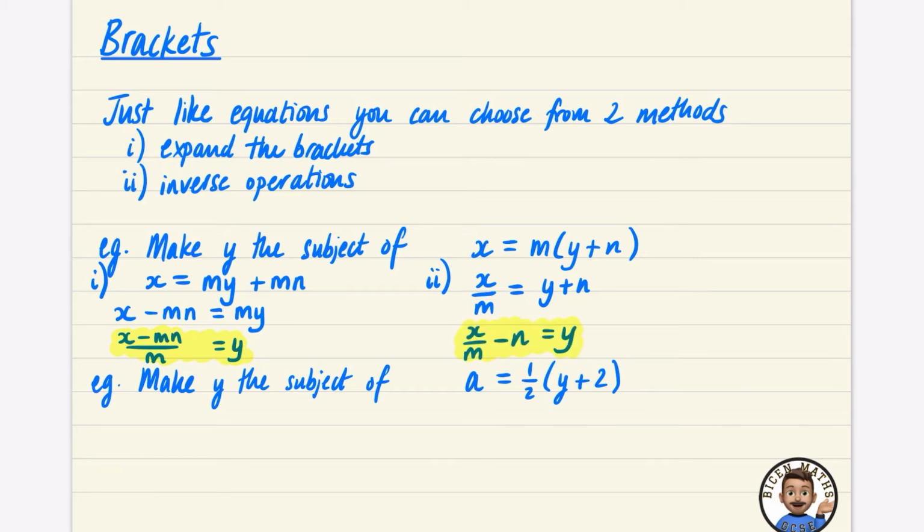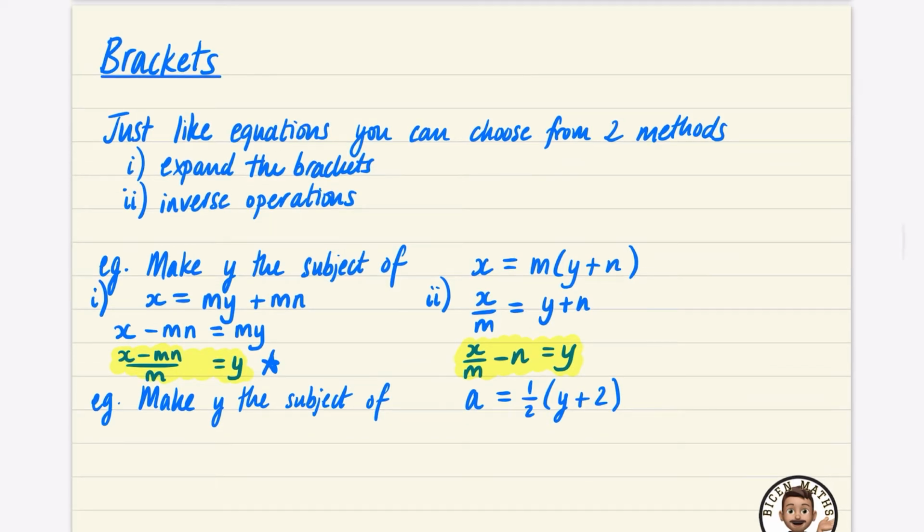Now this answer here is also correct. Why is this answer correct? Let's have a look at this one that I've written down here, and I'm going to do a little bit of annotation at the top to show you that x minus mn over m is the same as x over m minus n. x minus mn over m is saying divide this whole thing by m.